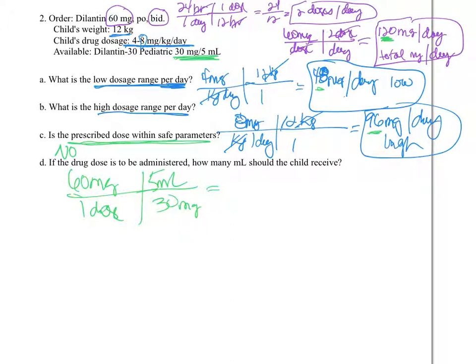So we're going to cross out our milligrams, and we have 60 times 5, which is 300, divided by 30 equals 10 milliliters per dose. Okay.